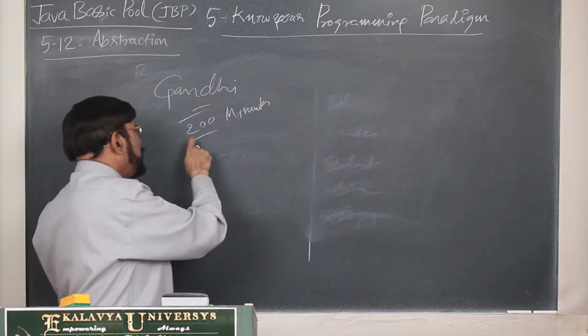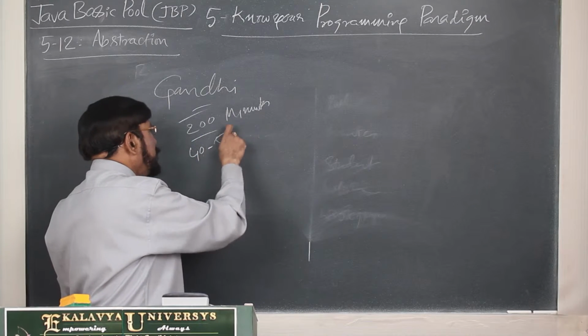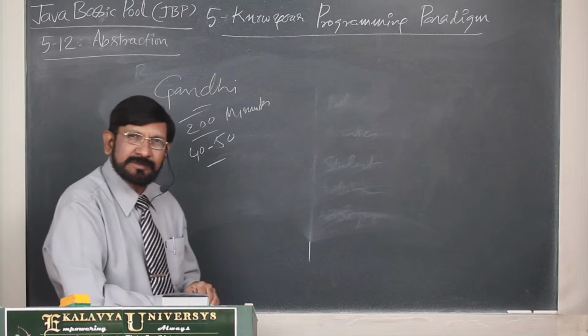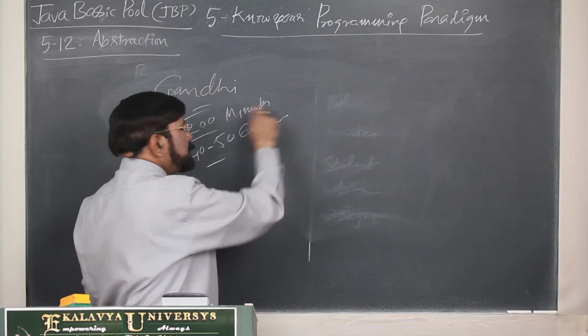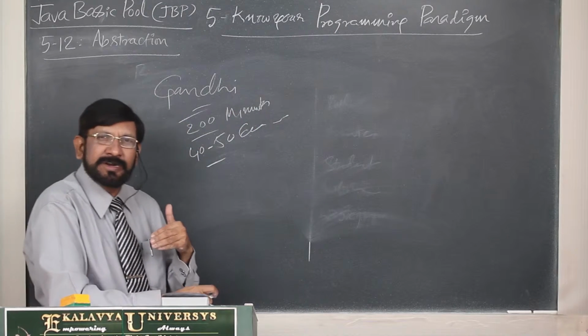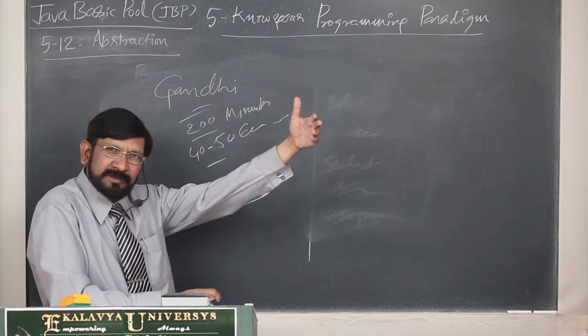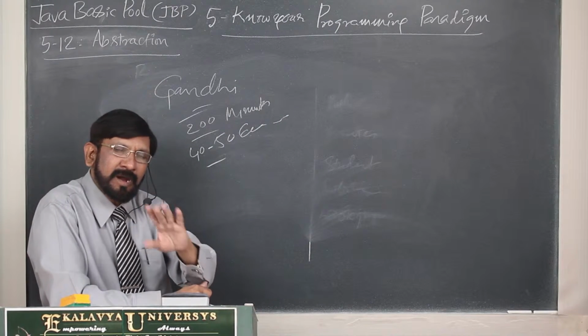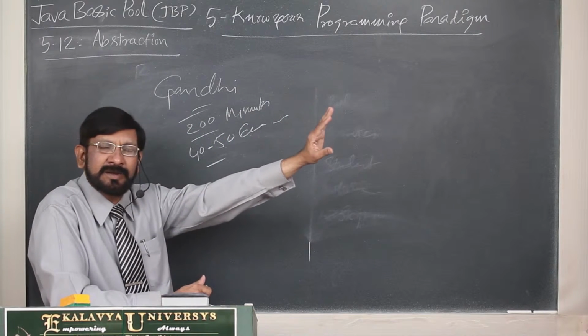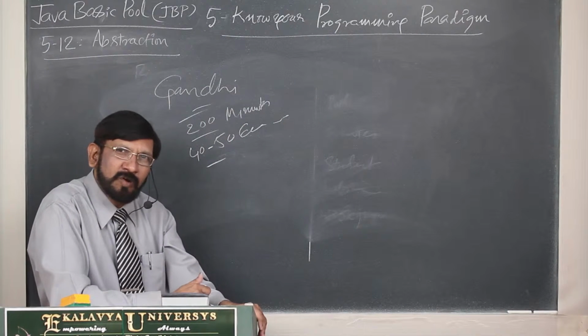Maximum 40 to 50 scenes. Through these 40 to 50 scenes, he must be in a position to demonstrate Gandhi's life history, and he should convince you that Gandhi is a somewhat different, unique personality in the world.